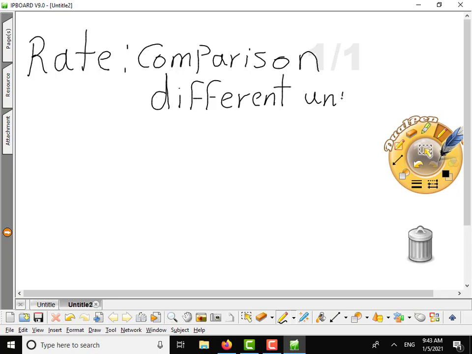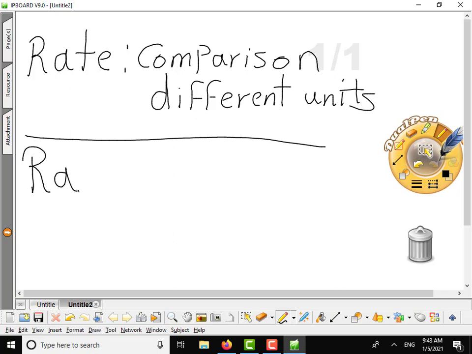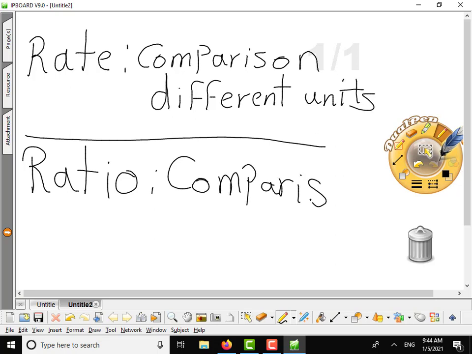The rate is a comparison between two quantities of different units, but the ratio is a comparison also, between two quantities of the same units.